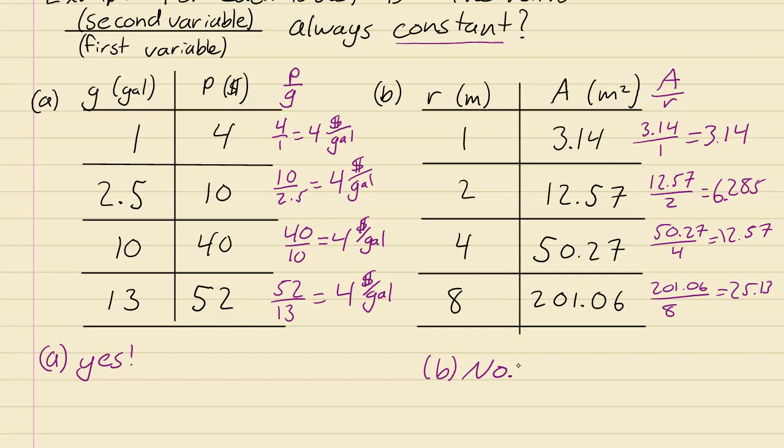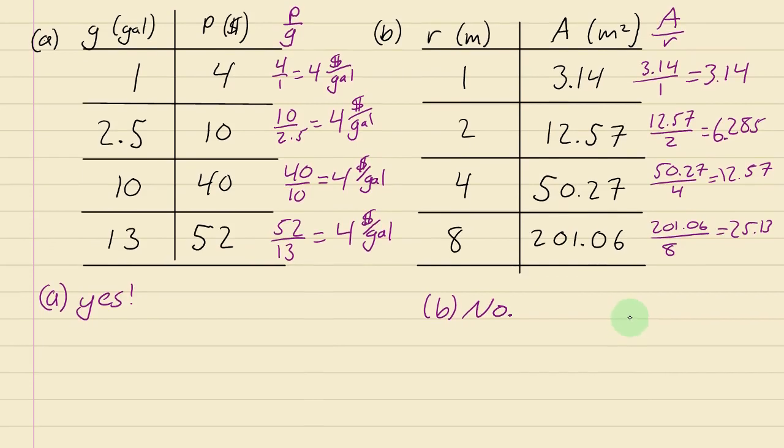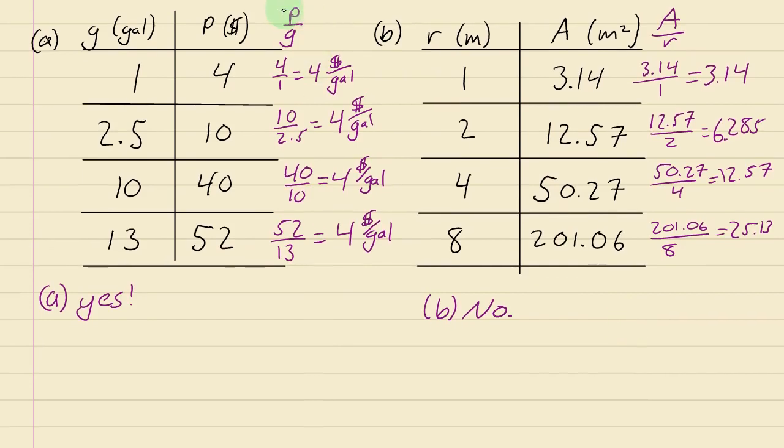So let's think about this. If you have this kind of relationship here where P over G is always equal to 4, we can write that as an equation. And that's fine, but there is a number that P over G is always equal to, is what this is saying.